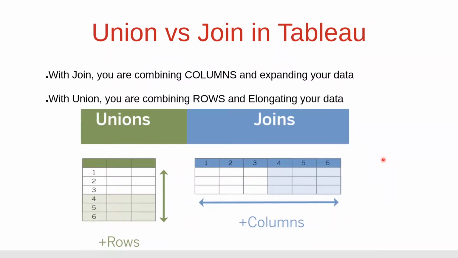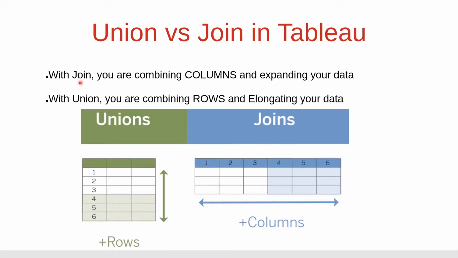In this video, I am going to show you how to create unions in Tableau. But before I do that, I want to discuss the difference between union and join, because union is very similar to join. So I want to make sure you understand the difference.